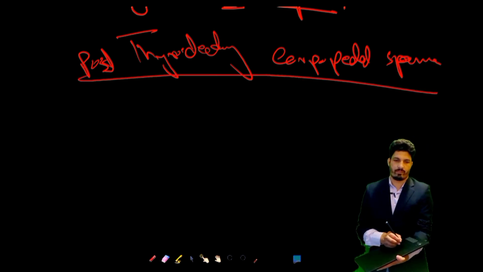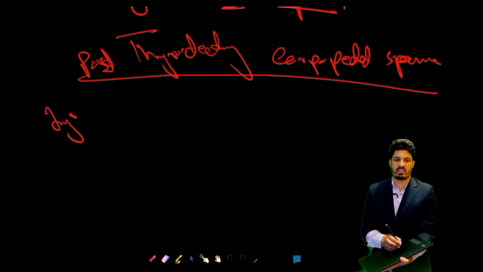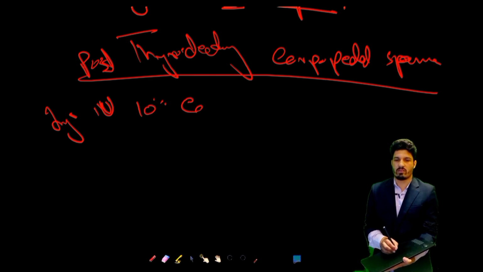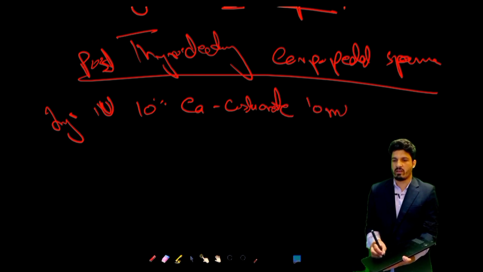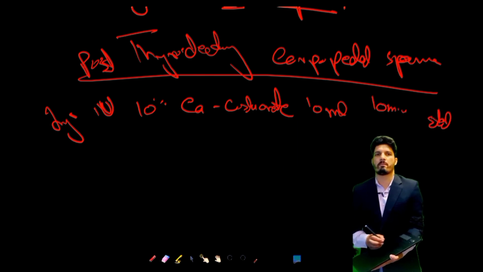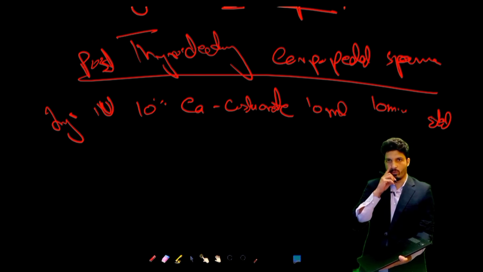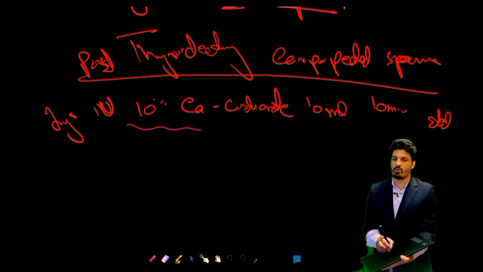In that case, you will give the injection IV 10% calcium gluconate, 10 ml over 10 minutes in stat dose. Then you will look for the symptoms.